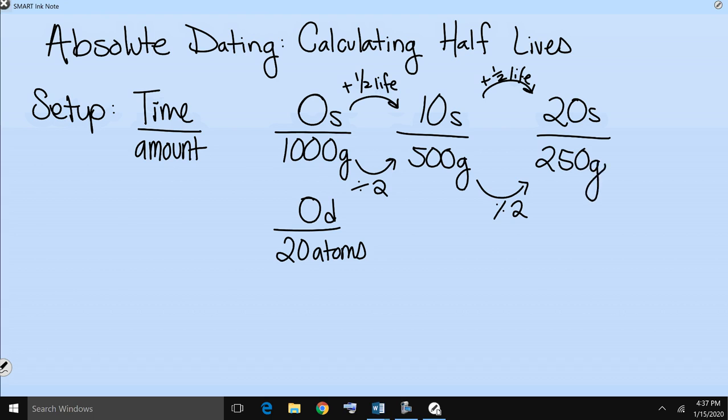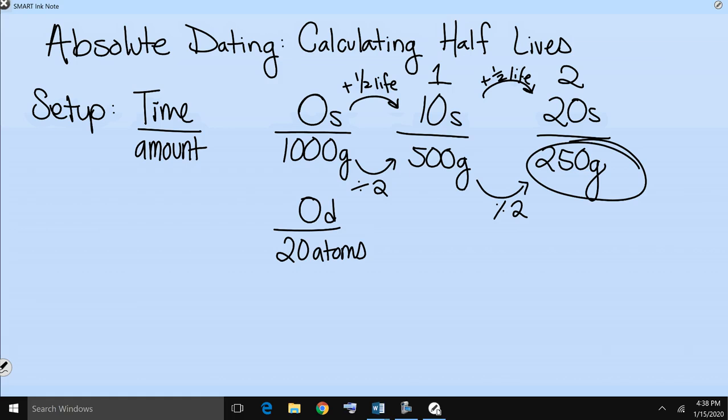So say a question asked you, this radioactive element has a half-life of 10 seconds. How much of a 100-gram sample will remain after 2 half-lives? Here's my first half-life. Here's my second half-life. That would be my answer.